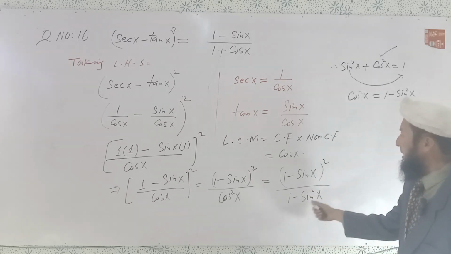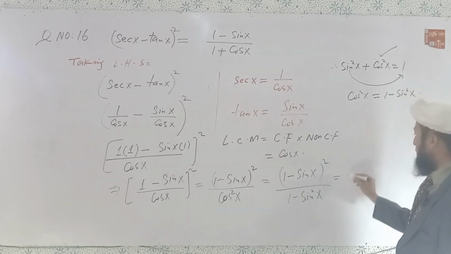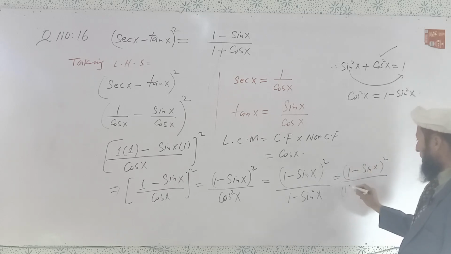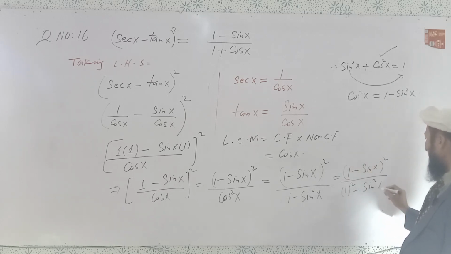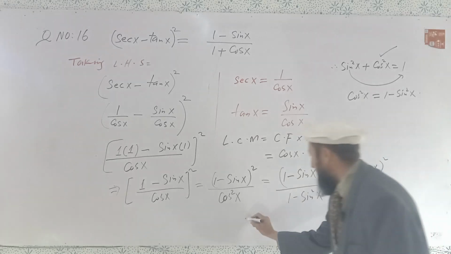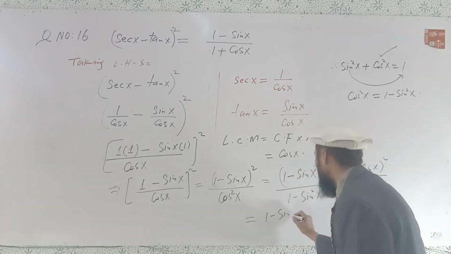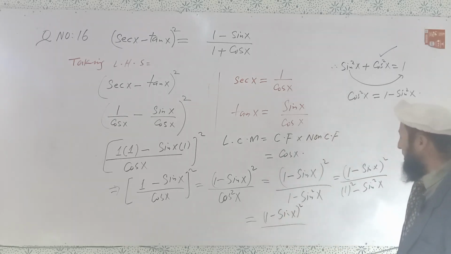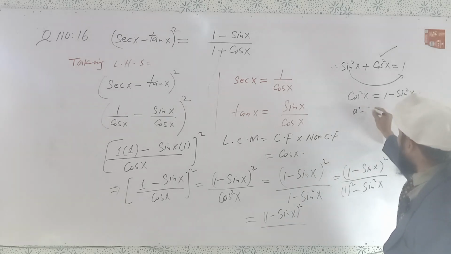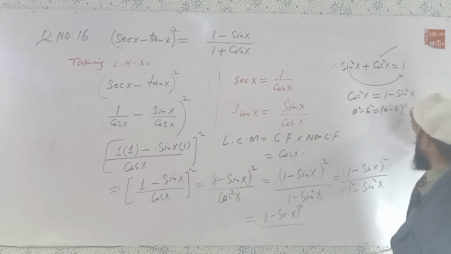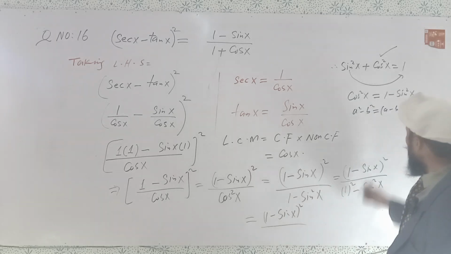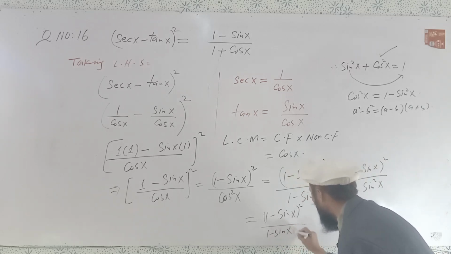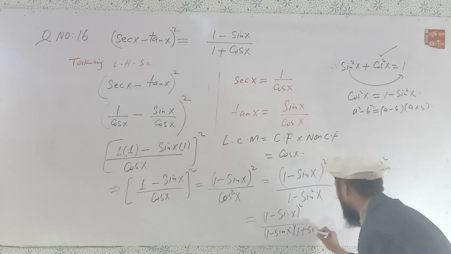According to the formula, (a minus b) into (a plus b) is required, so we apply the a square minus b square formula: a square minus b square is equal to (a minus b) into (a plus b). Substituting the values, we get (1 minus sin x) into (1 plus sin x).